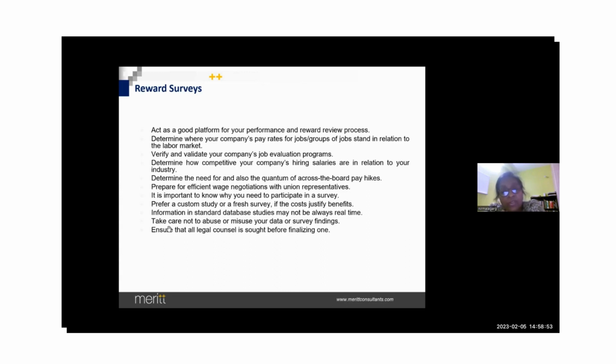Then we will also look at the comp ratio. How do we calculate it? And more importantly, when you collect data, how do you analyze it, and how do you arrive at percentiles, quartiles, deciles? So that's what we are going to do today, and it's going to be a very interesting exercise because you have a lot of activity today.